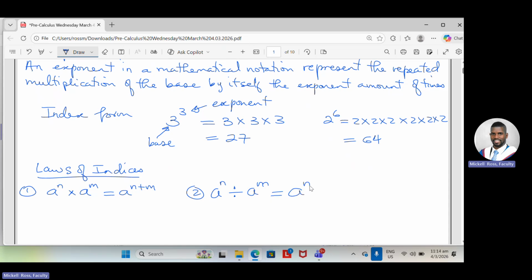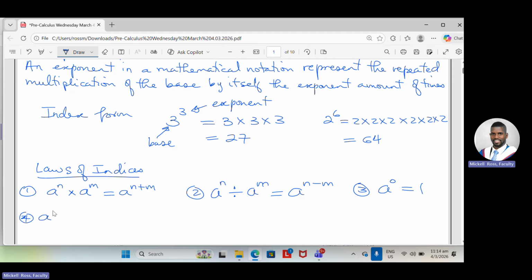All you do is subtract the powers. If you have a base to the power of 0, that is going to be equal to 1. Doesn't matter what the base is, doesn't matter how complex the base is. Once the power is 0, it's going to be equal to 1.